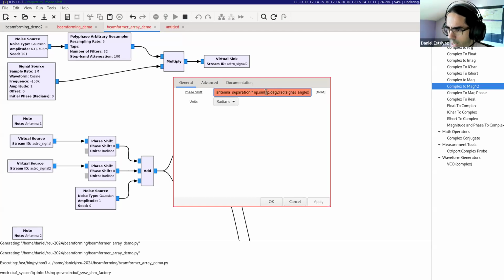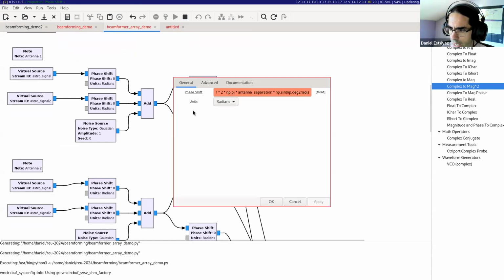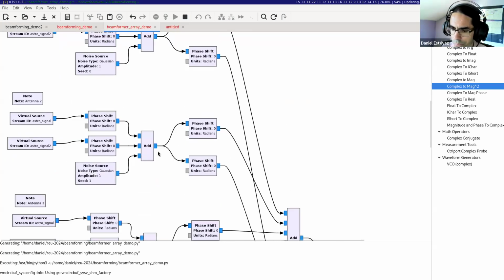Sine of a small angle is more or less the same as the angle itself. As an approximation, I could put the signal angle here. And then basically I have 0 times 2 pi times something multiplied by the angle, 1 times 2 pi times something multiplied by the angle, 2 times 2 pi times something multiplied by the angle.